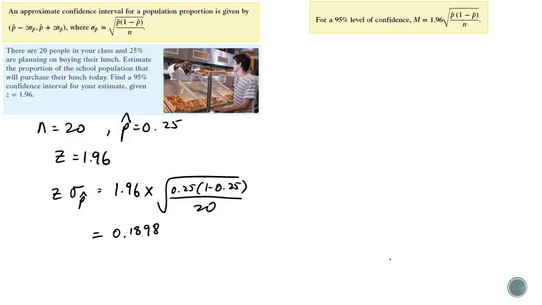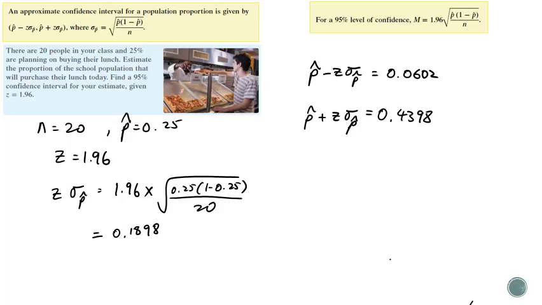So, for us to get a confidence interval, we need to find p hat minus z sigma, and also p hat plus z sigma. Putting this in the calculator, we get 0.0602 and 0.4398.